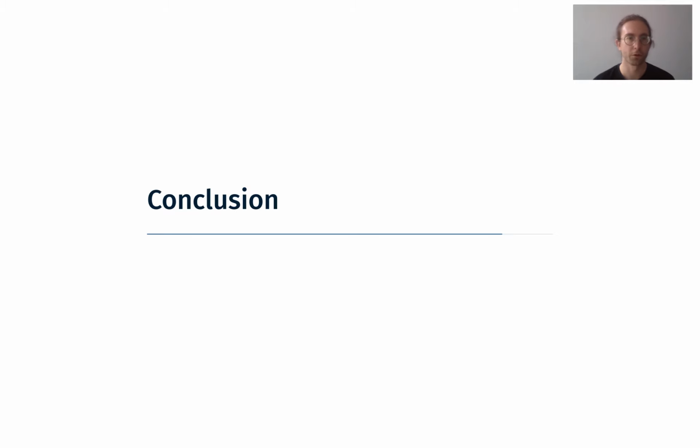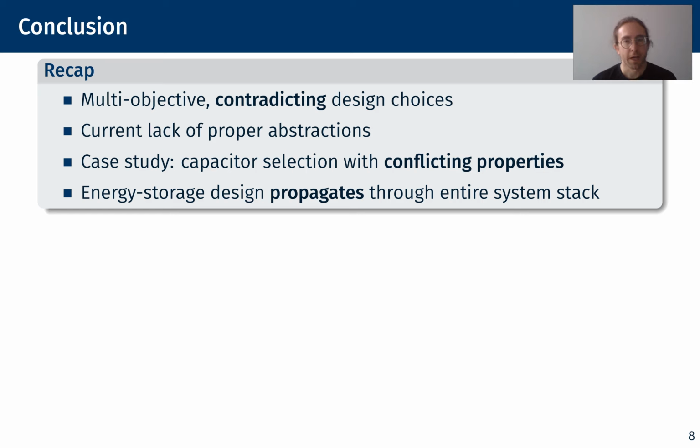In conclusion, we have seen that during the design phase of such intermittent systems, we have multiple objectives that potentially contradict each other, and we are currently lacking proper abstractions to handle these contradictions. We have seen in our case study, at the example of the capacitor selection, that we end up with conflicting properties, and that the choice of the energy storage propagates throughout the entire system stack.